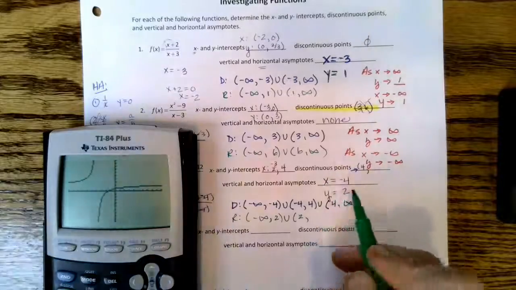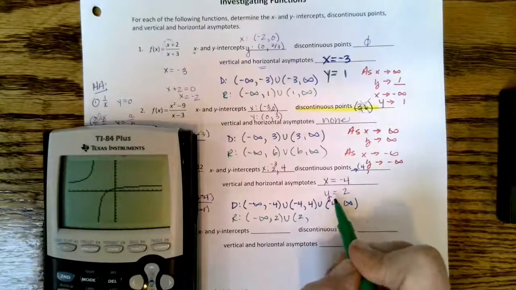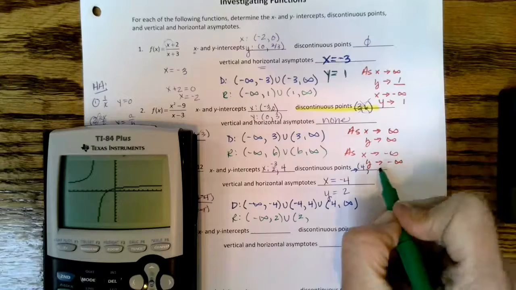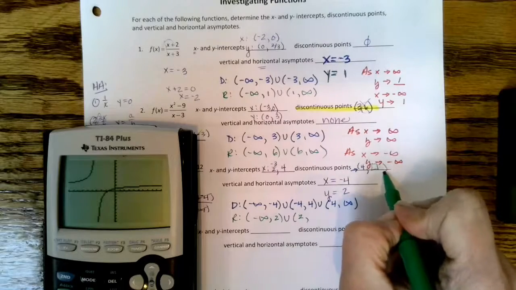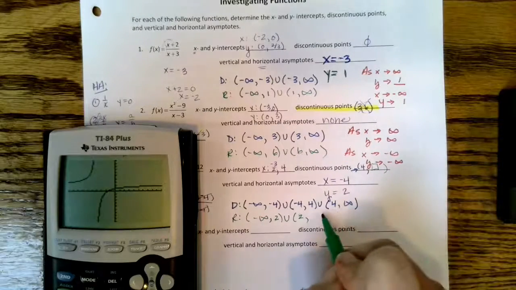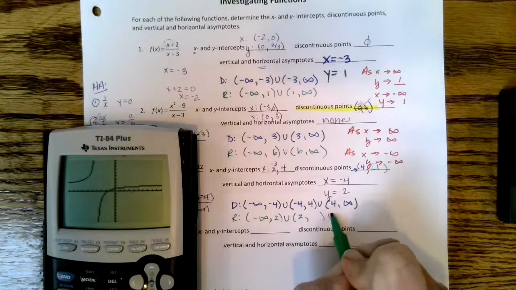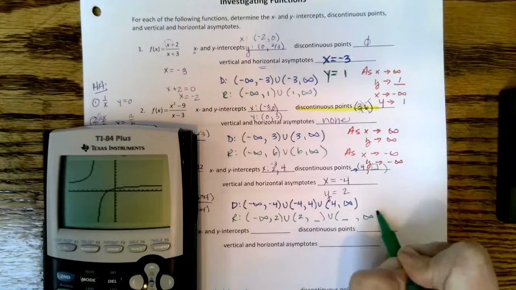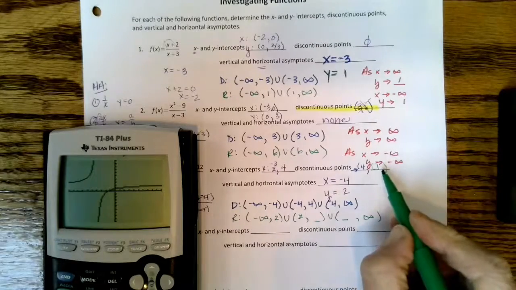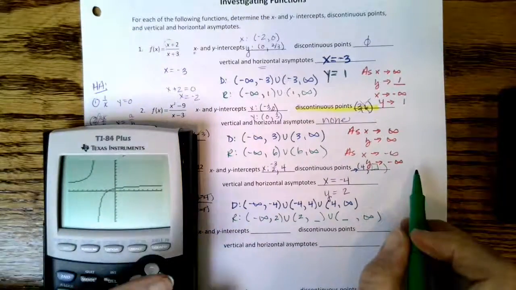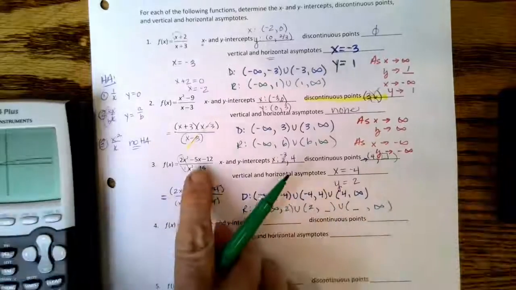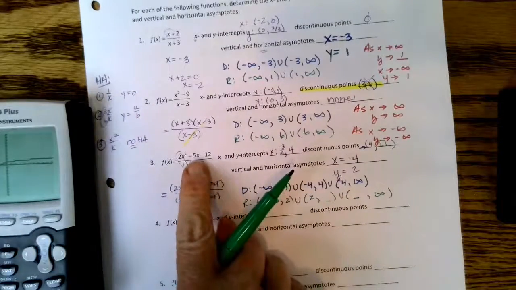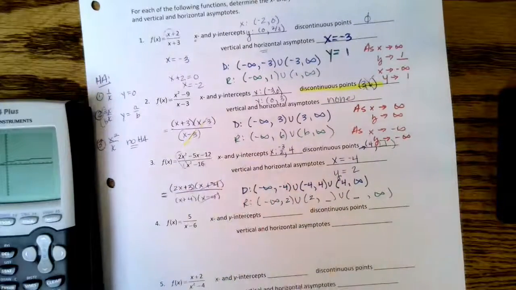Now I need to figure out what's going to happen at this point here, because without this point, I don't know where we're going to then stop and start again until I go to infinity. So when I have to figure out this discontinuous point, I'm going to have to substitute into this equation and see what my story is there.